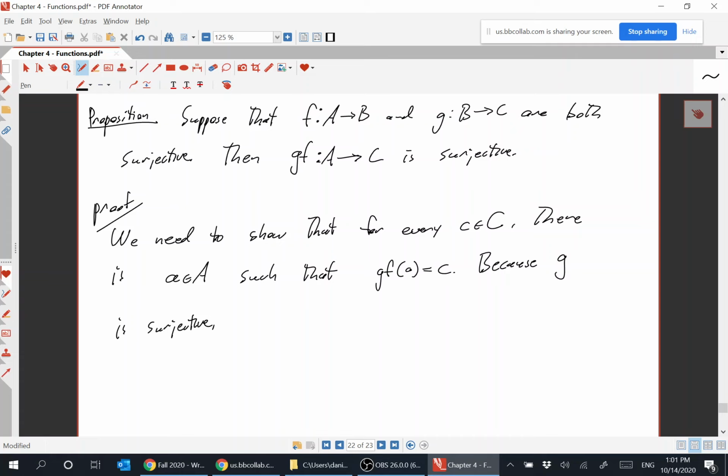Could we say that for g of f of a, there is f of c? Well, c is in the range, so we're not going to. Let me draw a picture here. We've got this thing c here, it's little c in capital C, and we want to get little a in capital A, such that g f of a is equal to c.